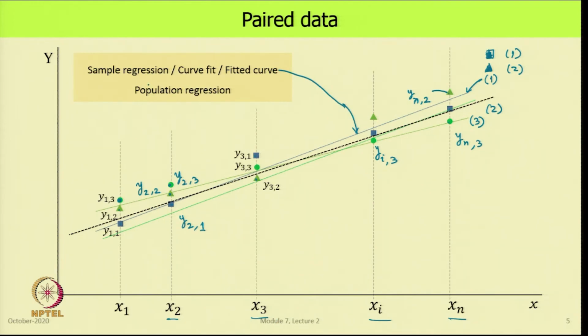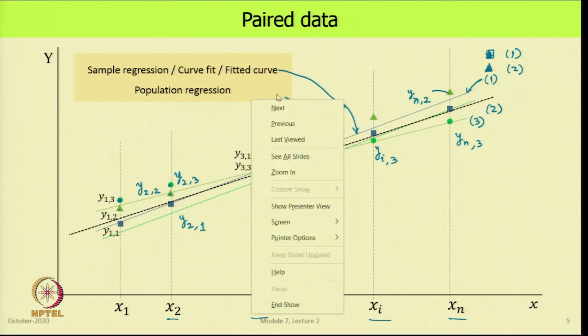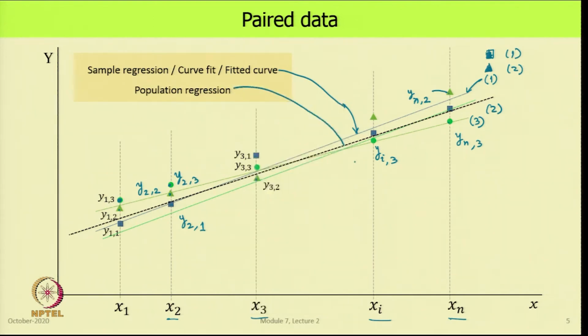Its rigorous name is sample regression. And what we want is that if I can consider all these types of data together, then I would get yet another regression, which is this thick dotted black line, and this is our population regression.